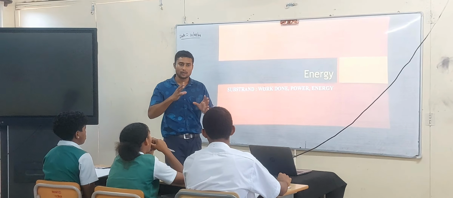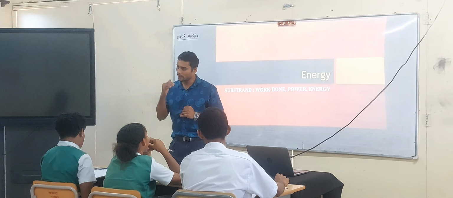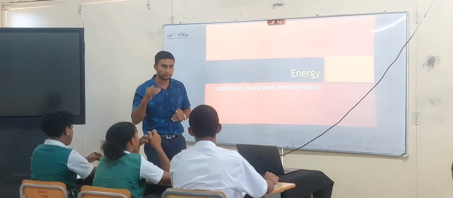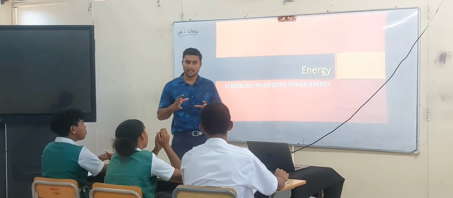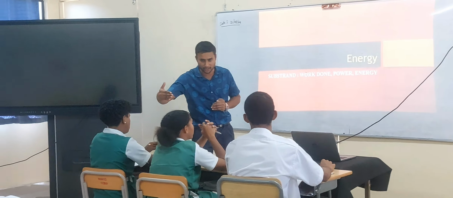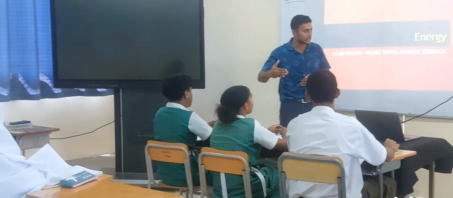That's why we say work done is equal to force times distance or displacement. Because that box is at its initial position and it has been shifted to another position, work done is equal to force times displacement.